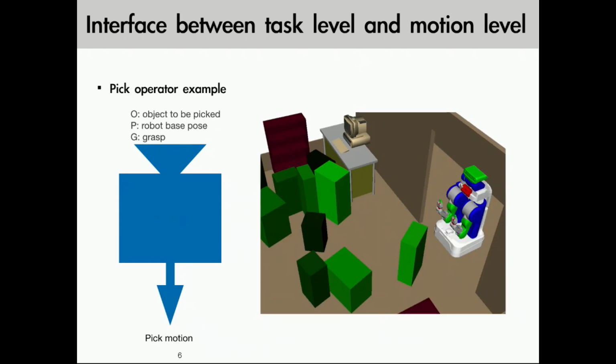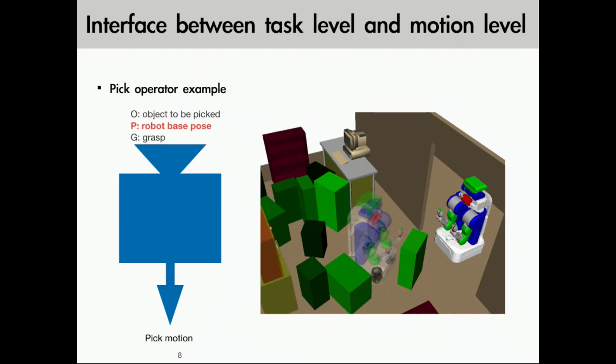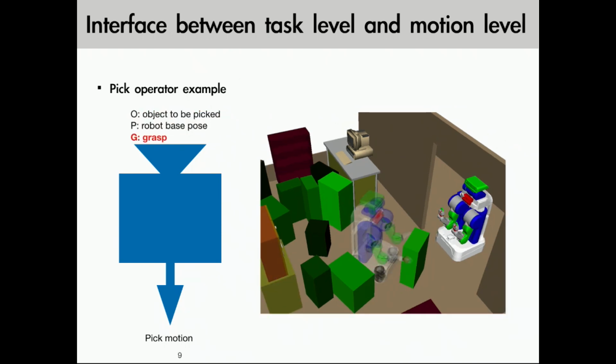Here is an example of a pick operator. Its input consists of three things: which object to pick, which robot base pose to use, and which grasp to use in order to pick up the object. Let's say the robot decided to pick up this particular object using this particular base pose and this particular grasp.